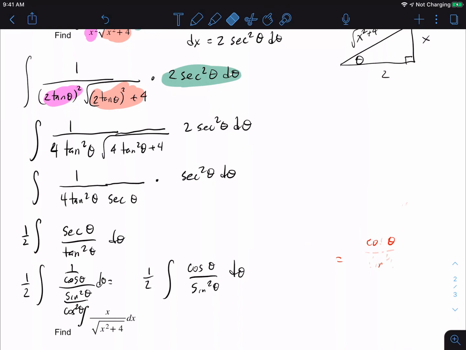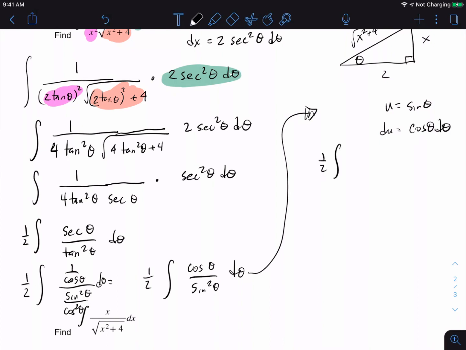All right, so from here, I'm going to bring this problem up here. I want to use the space. I'm going to let u be sine theta, so then du is going to be cosine theta d theta, which takes the numerator.